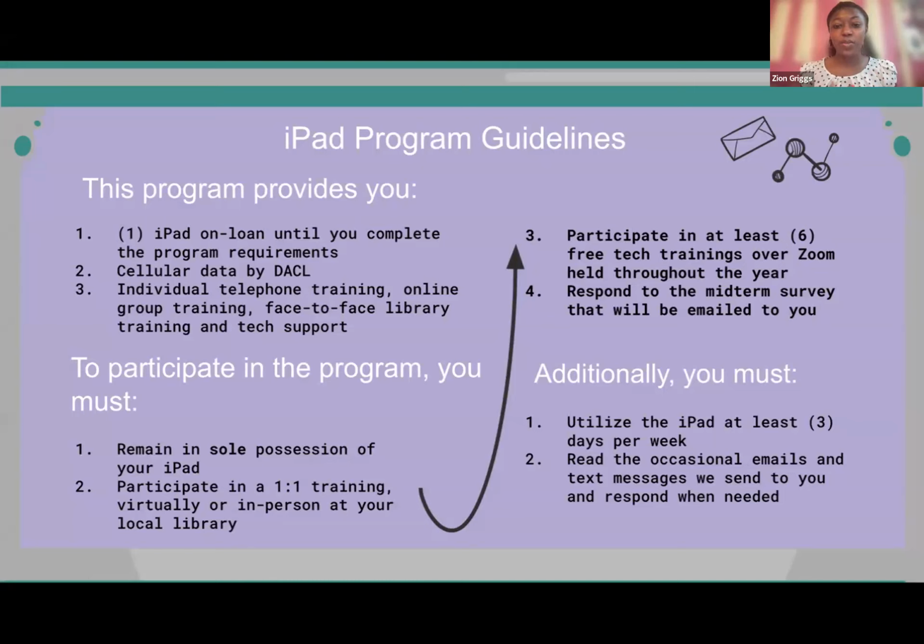We also will have you participate in at least 6 free tech trainings on Zoom and respond to the midterm survey when it's emailed to you, okay? We want you to remain in possession of the iPad. You start off with a one-on-one training and try to use the iPad 3 days per week, okay? As well as checking the emails that we send to you. This is a reminder that we put on every class, just in case we have any newcomers or persons who haven't been in the program for a while or joined the classes in a while.